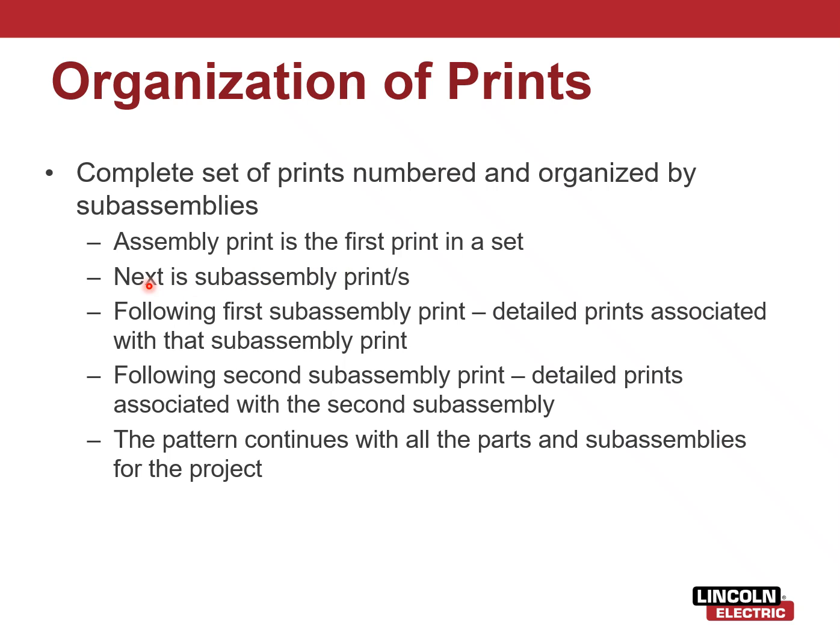Next are the subassemblies, and after every subassembly there are the detailed prints associated with that subassembly. So the next page is going to be the detailed prints associated with that subassembly. Then you go to the next subassembly, followed again by the detailed prints associated with the second subassembly, and then the third, the fourth, the fifth, however many there are. The pattern continues with all the parts and subassemblies for the project.